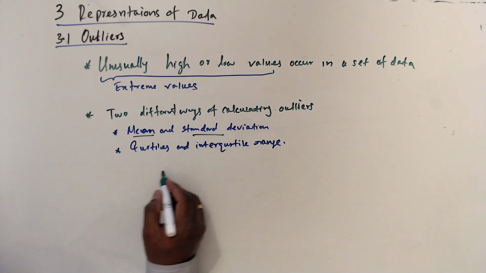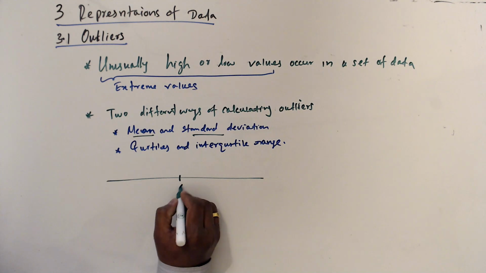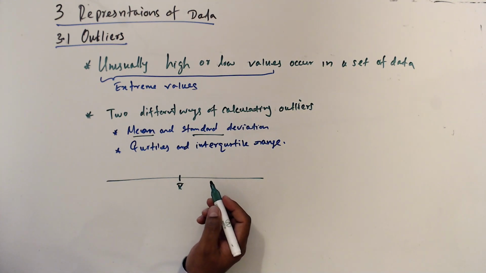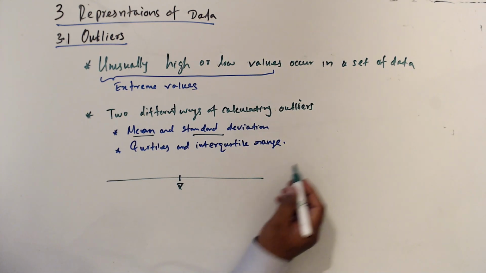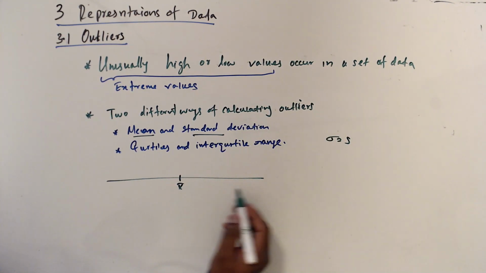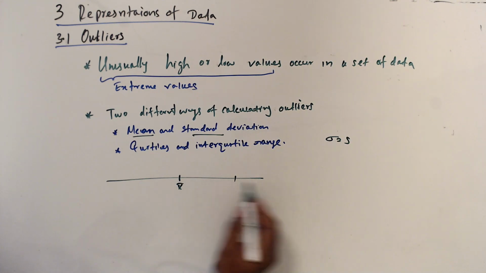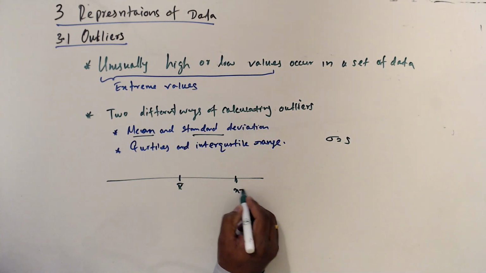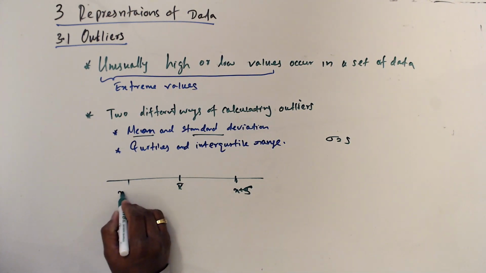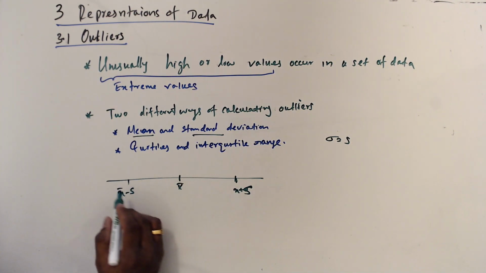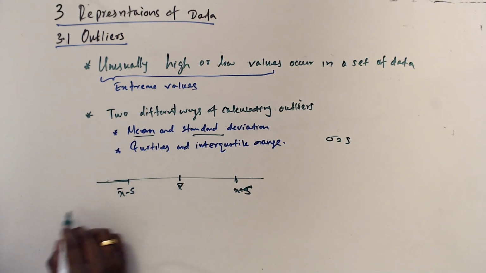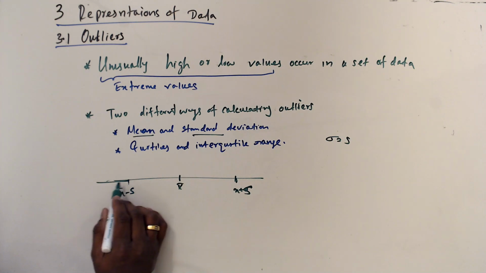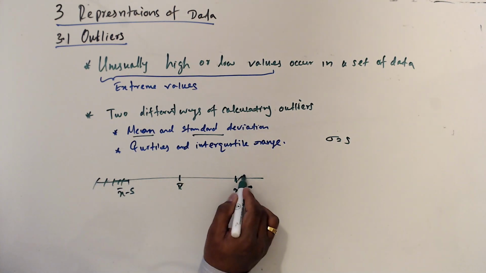With the mean and the standard deviation, we take the mean as x bar and the standard deviation as s. Then the boundaries are x bar plus s and x bar minus s. Any values beyond these points are called outliers.